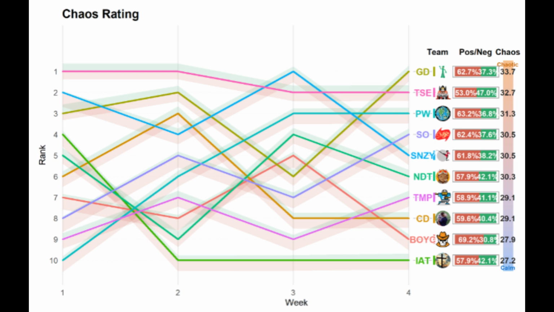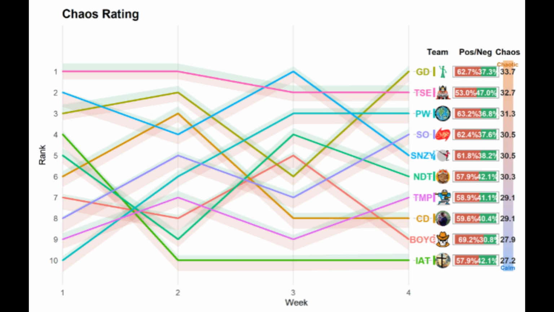And then that positive-negative is also reflected in the chart. So you'll have a line on how that's going per week and your rank per week. As you can see, Stu was rank 1 in cumulative chaos in week 1 and in week 2, and then he dropped to rank 2 in week 3 and stayed at rank 2 in week 4.